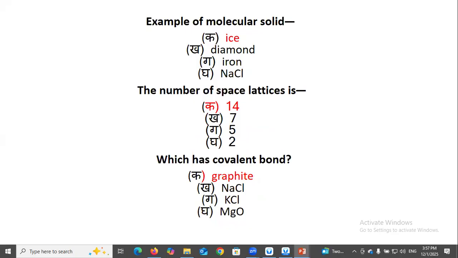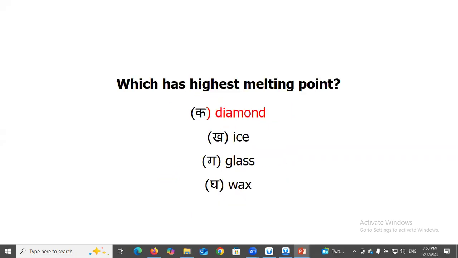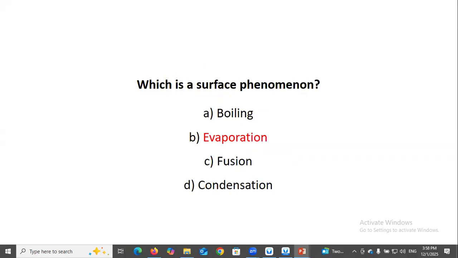Which has a covalent bond? Sodium chloride, potassium chloride, magnesium oxide have ionic bond, but graphite has covalent bond. Metals are ductile due to layer sliding. Network covalent solid: silicon. Amorphous solids have short range order. Diamond has the highest melting point. Evaporation is a surface phenomenon.